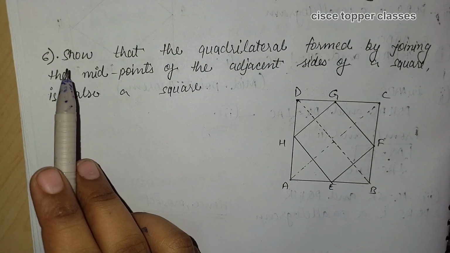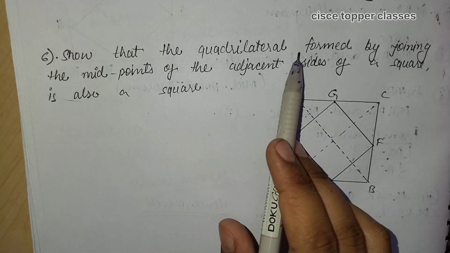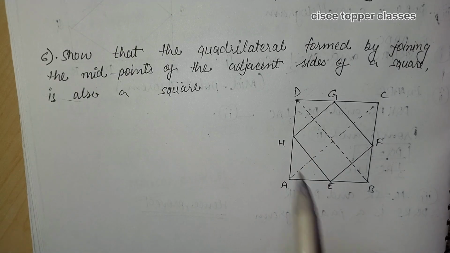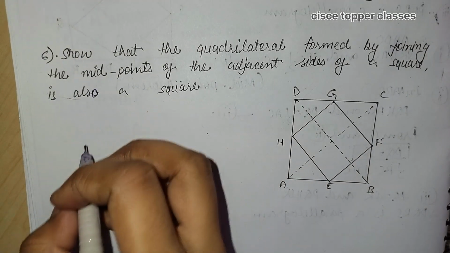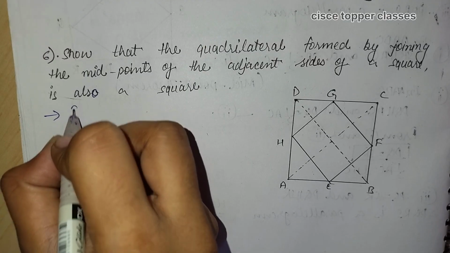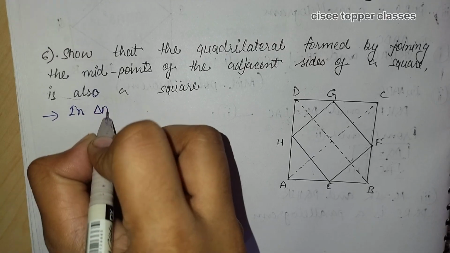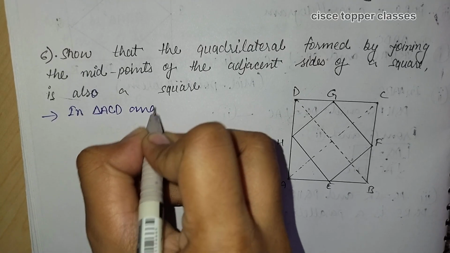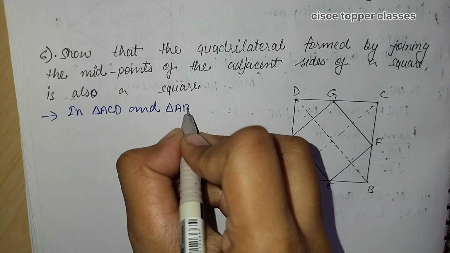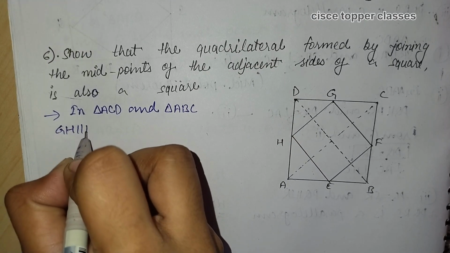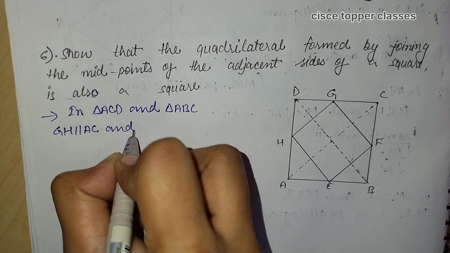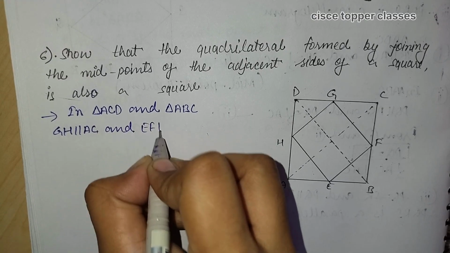Now let us solve the sixth question. We have to show that the quadrilateral formed by joining the midpoints of the adjacent sides of a square is also a square. To prove this, firstly we take triangle ACD and triangle ABC. We can write that GH is parallel to AC and EF is parallel to AC.